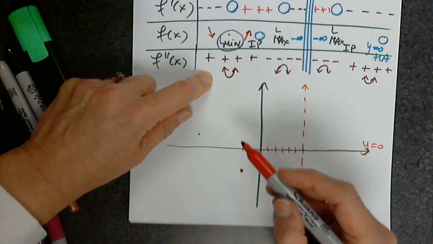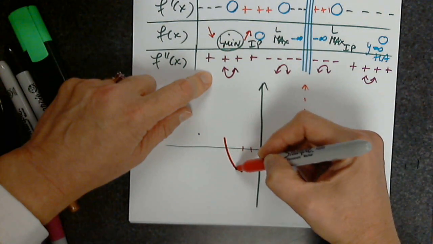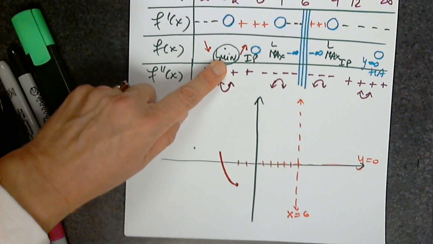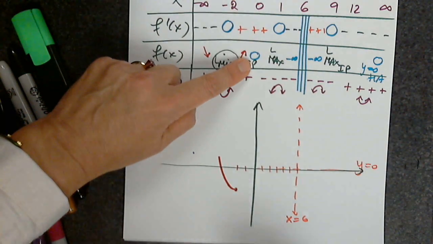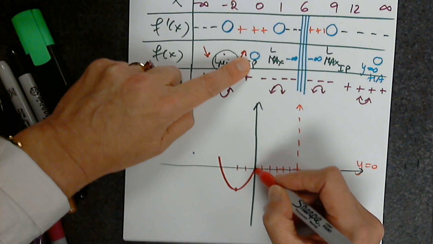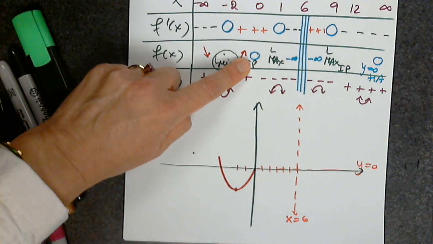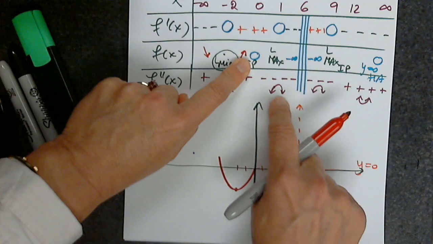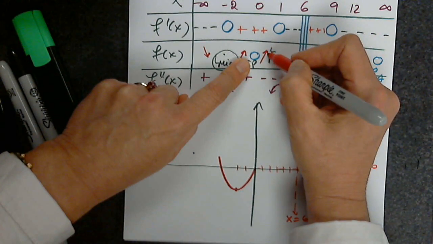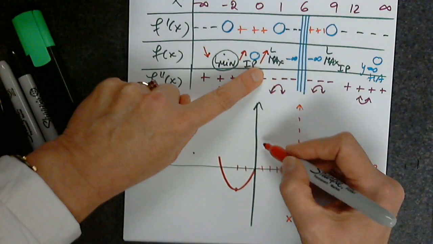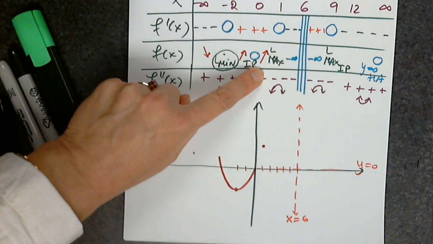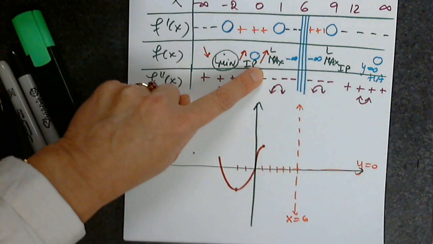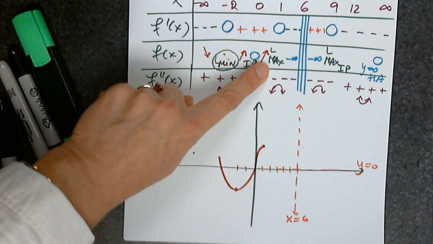So it opens upward, coming to a local minimum, and increasing towards the inflection point, which is 0, 0. Then it changes concavity, opening downward, but increasing towards 1 comma blah. I chose it up there. So it changes concavity, increasing towards this point, which is a local max.